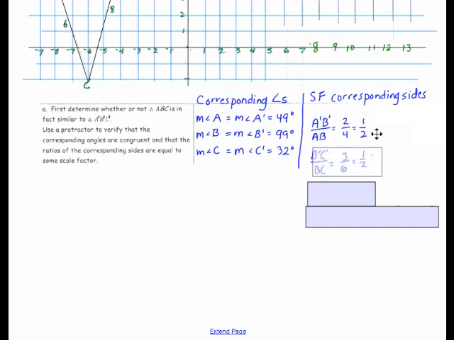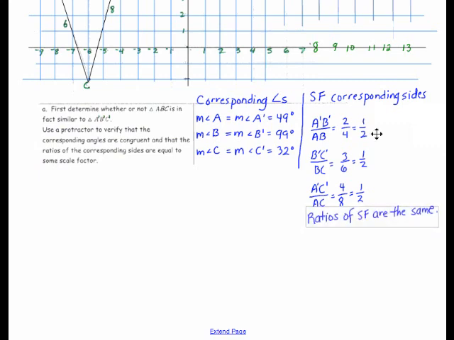The second side, B', C' over BC, is 3 over 6, which is 1/2. The third side, A', C' is 4, AC is 8, and so the scale factor is 1/2. The ratios of the scale factors are the same, and therefore our triangles are in fact similar.